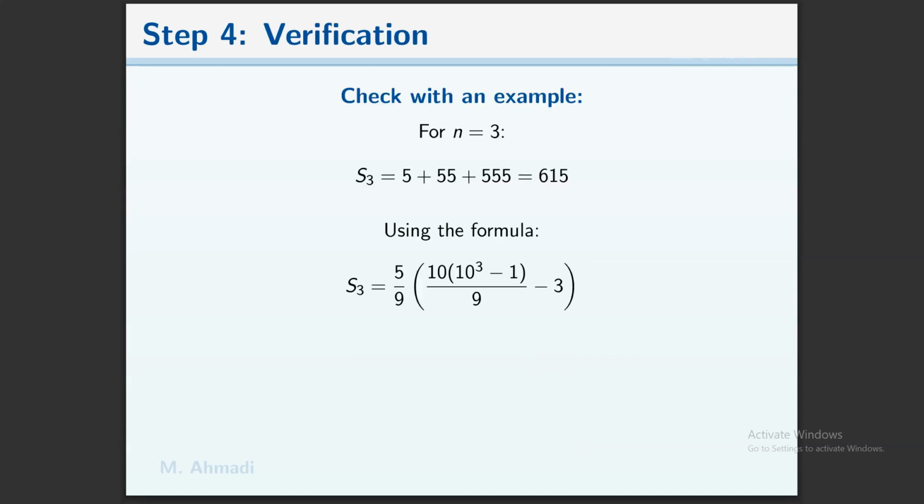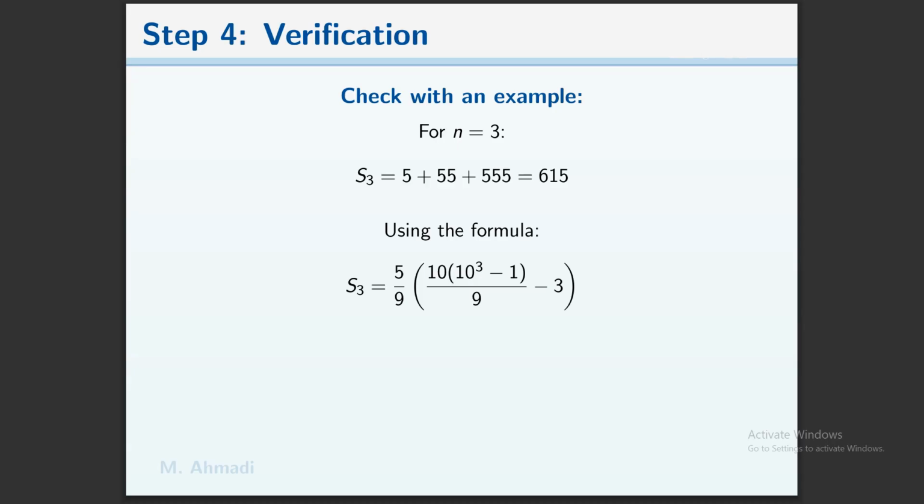To verify the solution, check with an example. For n equals 3, we have S3 equals 5 plus 55 plus 555 equals 615. Using the formula, we calculate the summation.